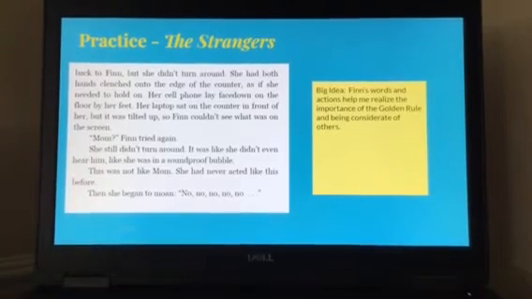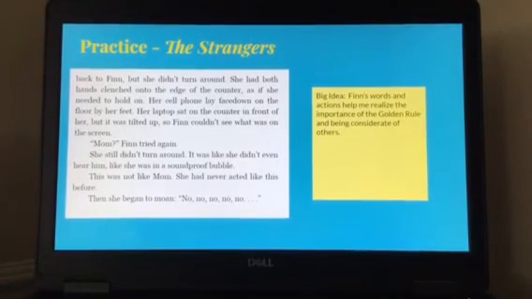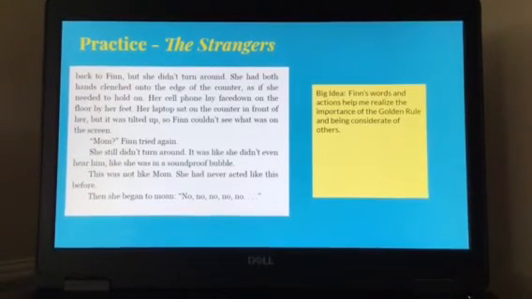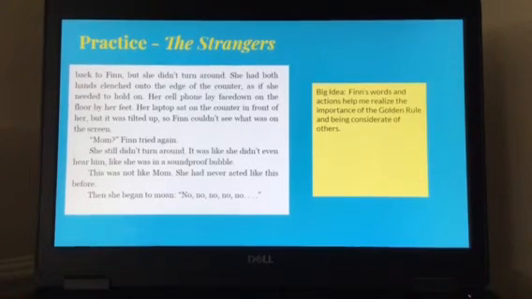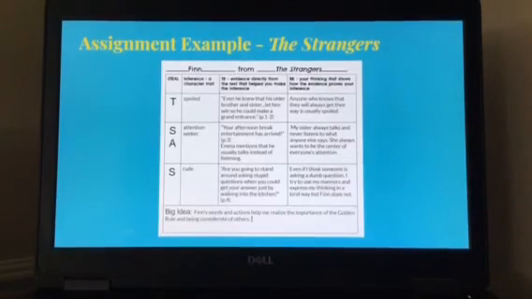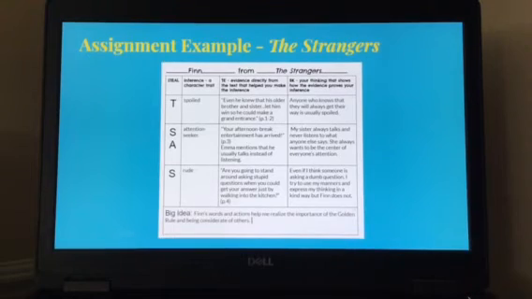My big idea when I put all my sticky notes together: Finn's words and actions help me realize the importance of the golden rule and being considerate of others. And this is how I would fill the paper out, the STEEL chart, for the book The Strangers.